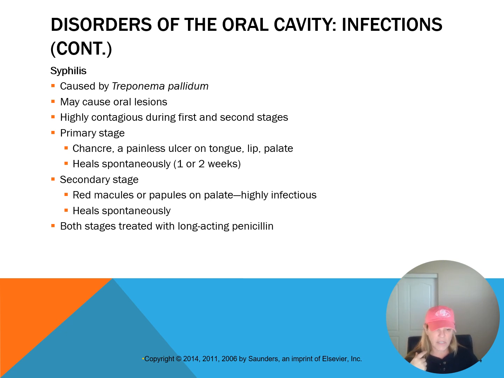In the secondary stage, it can be highly infectious. So this is a stage where you want to make sure that if you know someone who has it, they're not spreading it. This will also heal spontaneously, but you can treat either stage or both stages with long-acting penicillin to get rid of it.